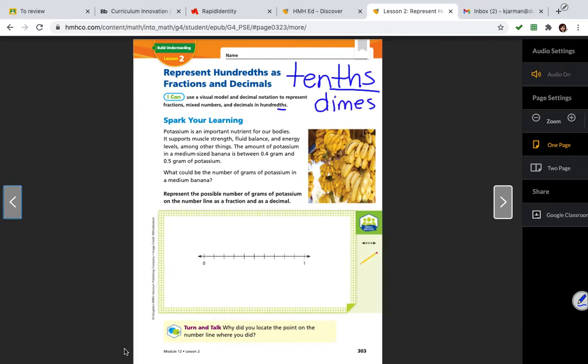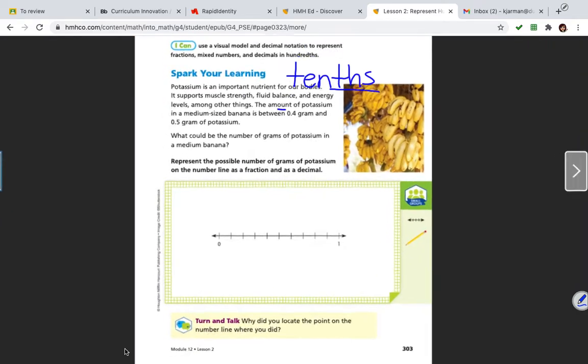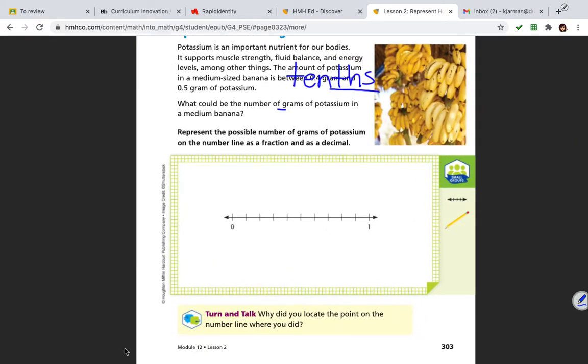So if I was going to write tenths, I would think of 60 cents, 6 tenths. Today we're going to work on hundredths. So think of it as if you get a whole bunch of change and count it all out, you would be counting hundredths.